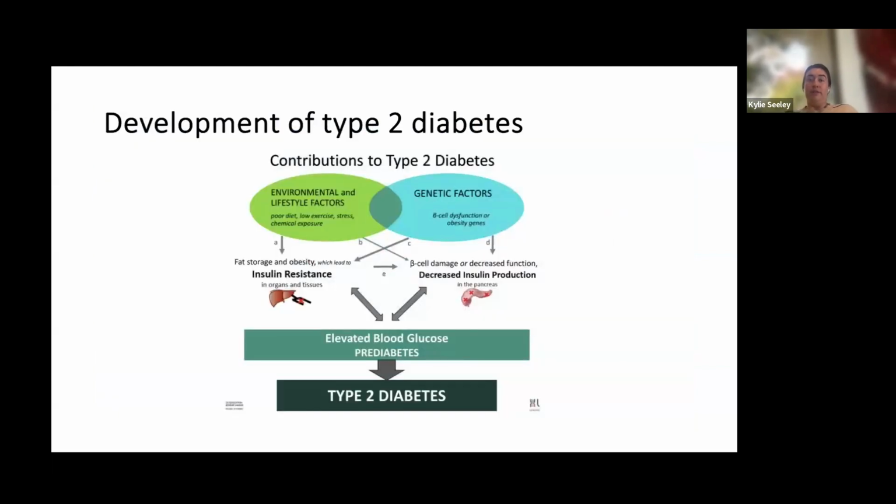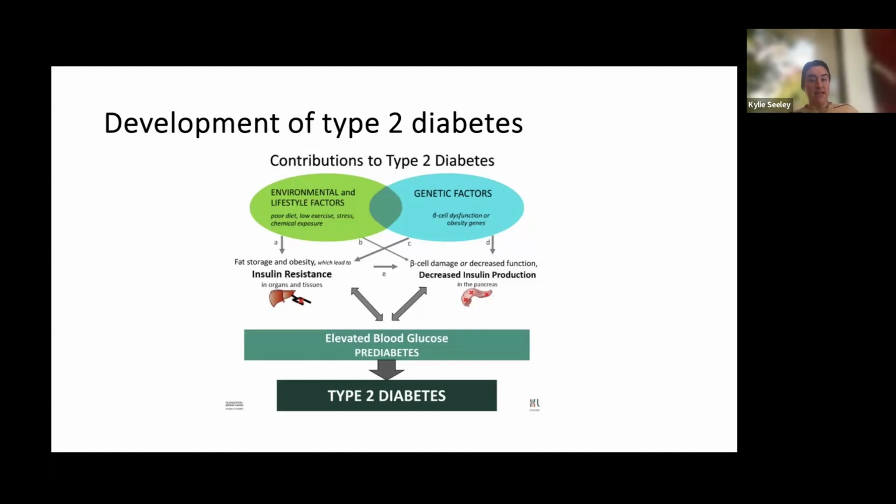The development of type 2 diabetes is quite different. People inherit a genetic risk for something called insulin resistance, and that can go along with obesity and decreased function of beta cells in the pancreas. Insulin resistance is when the body doesn't respond appropriately to insulin.